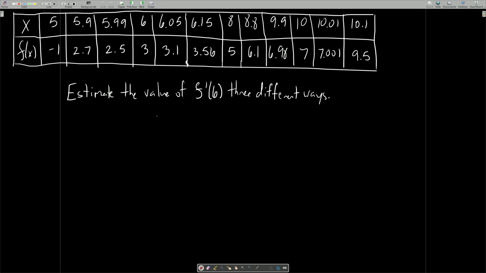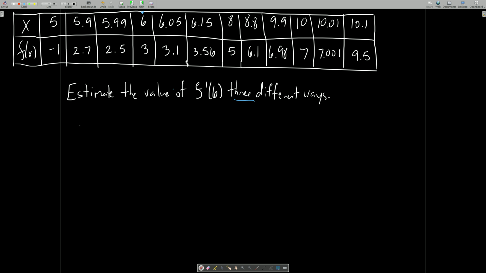I have another table where you're supposed to estimate the value of f prime of 6 three different ways. So remember, the f prime of something just means the instantaneous rate of change at 6, or the slope at 6. We can do this three different ways because we have 6 in the table.